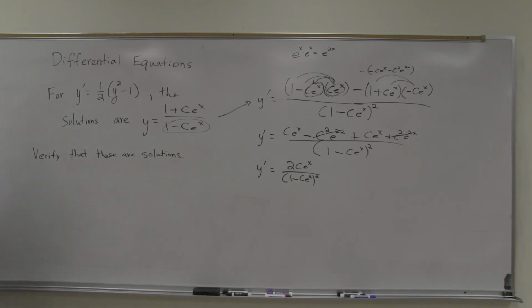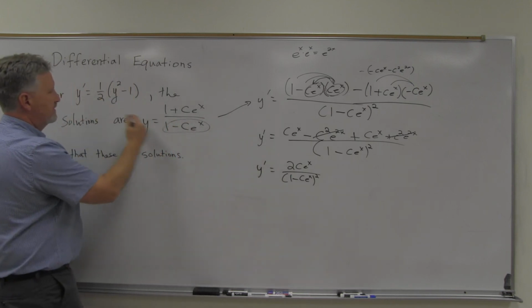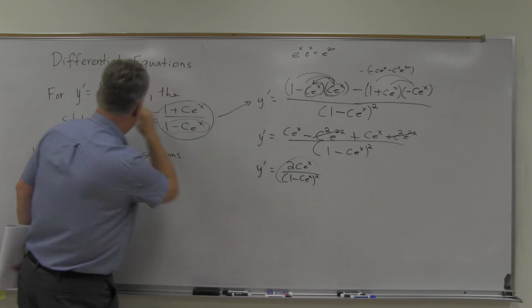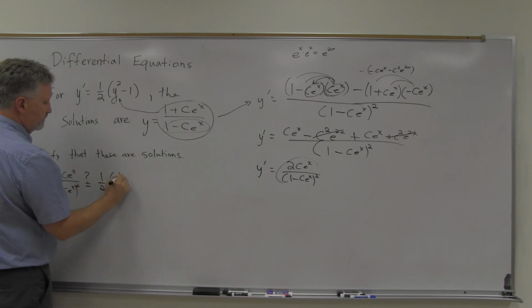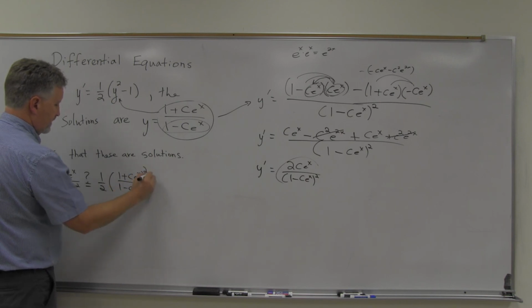So that's my y prime, that's my y. Let's plug those in. So this goes in for y, and this goes in for y prime. So we've got 2c e to the x over 1 minus c e to the x squared. Does that indeed equal 1/2 times y squared minus 1? So it'd be 1 plus c e to the x over 1 minus c e to the x squared.